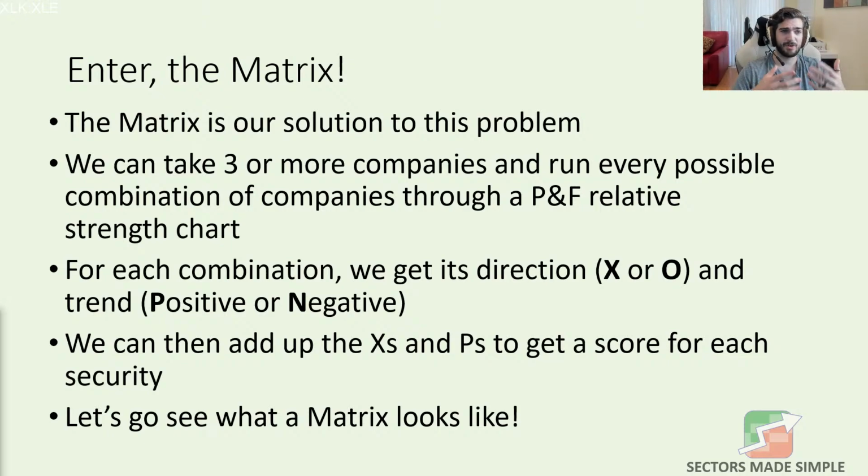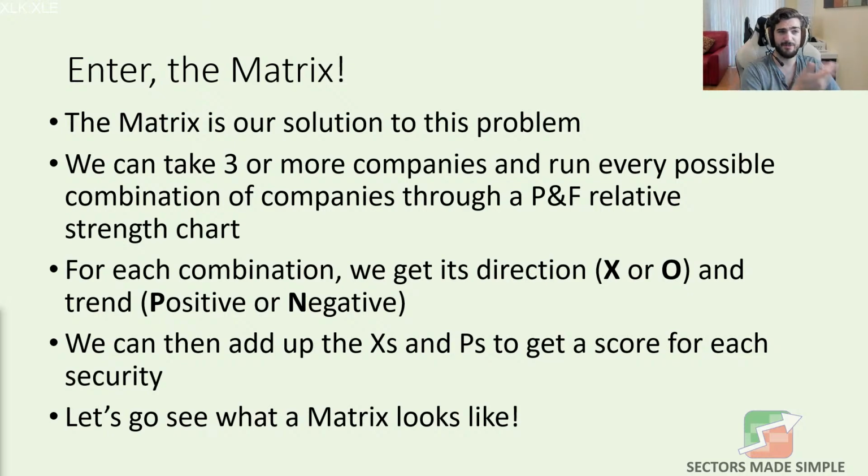Then you're going to end up getting a total of 6 different charts for that. Each one of those securities is compared to 2 other things. Once we get all 6 charts made, for each of those charts, we can get that short-term direction in a column of X's or a column of O's, and the long-term trend.